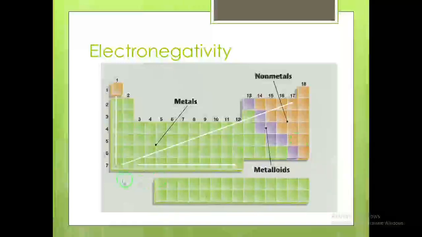It increases upward the group and increases from the beginning to the end of the periodic table. So from the least electronegative, which is what I told you to find out earlier, which has the highest electropositivity and the least electron affinity, to the highly electronegative element that has a very high electron affinity.